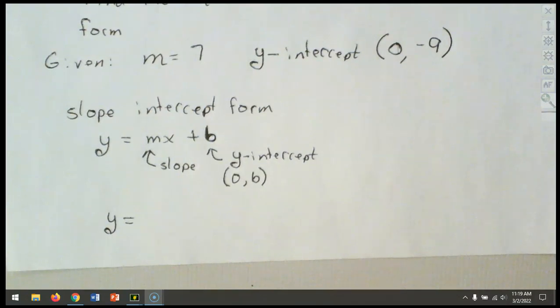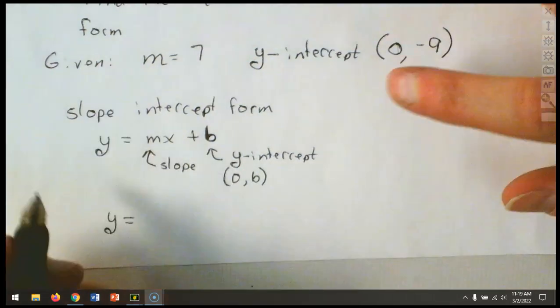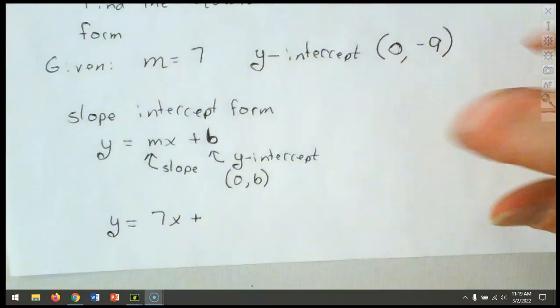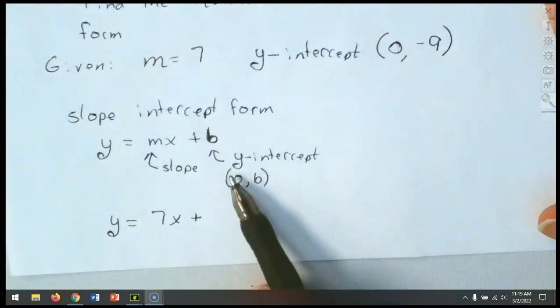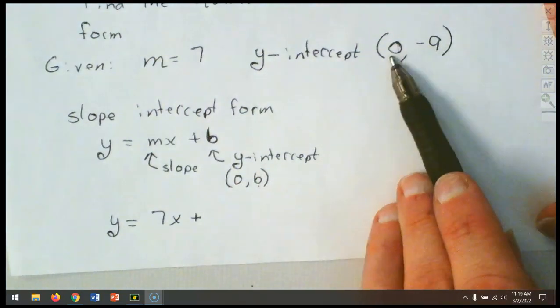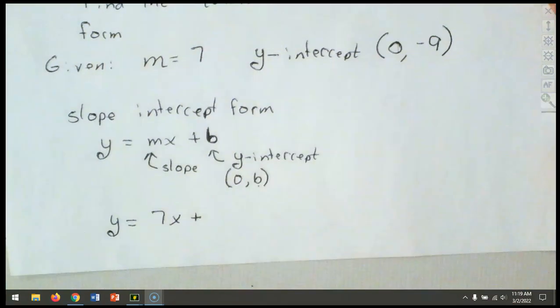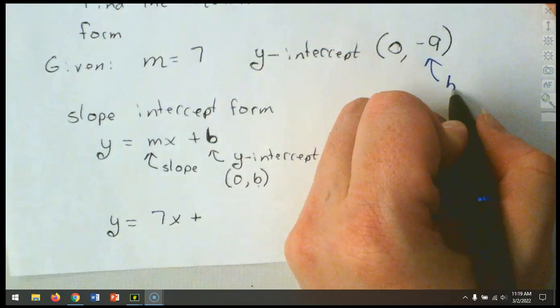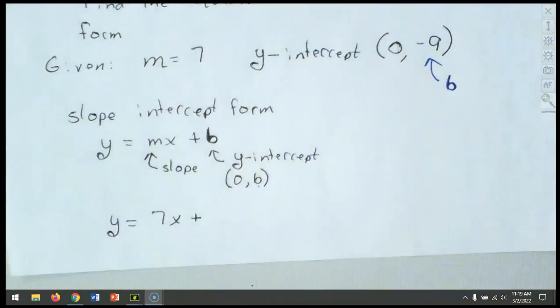So I can jump directly to my answer because I know my m is 7, so that's a 7x. And we've got the y-intercept. That's the part that we always have to find. Okay, now the y-intercept is 0, comma, b. Look at what we've got here. 0, comma, -9. So what is that -9 then? That -9 is like your b.